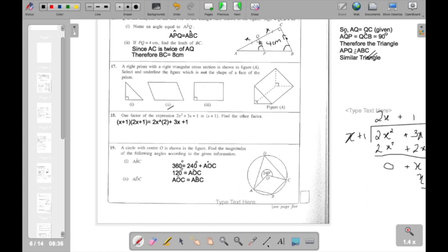So finally you can say, therefore, using these three dots, therefore ABC is equal to 120 degrees. Right, so the first question is done.